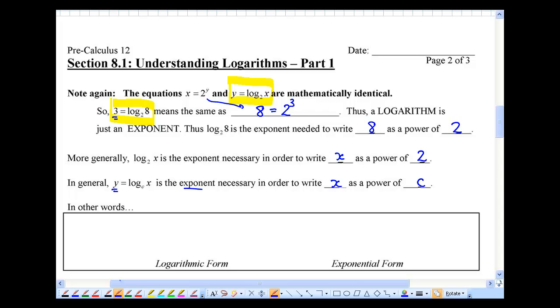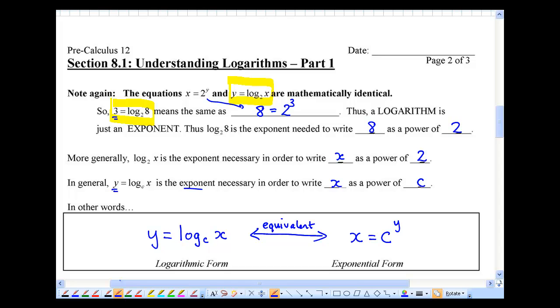So in other words, and once again, this is in a box, so it's important, okay? If I write down y equals to log base c of x, okay, y being the exponent, well, in the exponential form, we have the equivalent of x equals c to the power of y. Okay, these are equivalent forms.